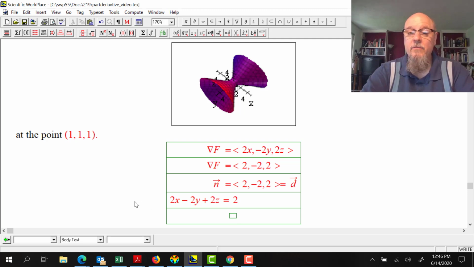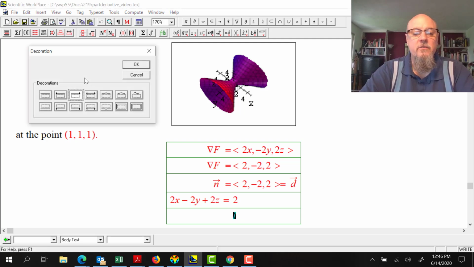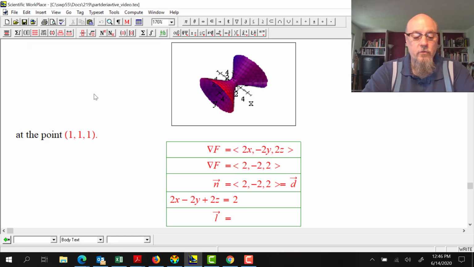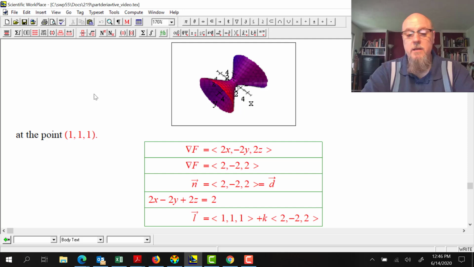All we have to decide now is, do you want to write it in vector form, parametric form, or symmetric form? Let's write it in vector form, because that's the easiest. So L is equal to the point (1, 1, 1) plus some parameter times the direction vector (2, -2, 2). Done. There's the equation of the normal line.